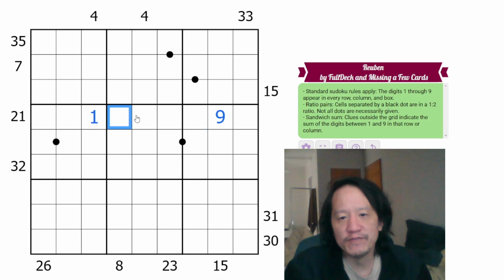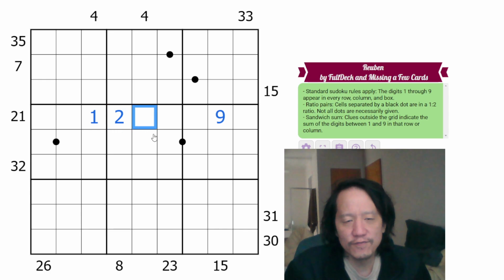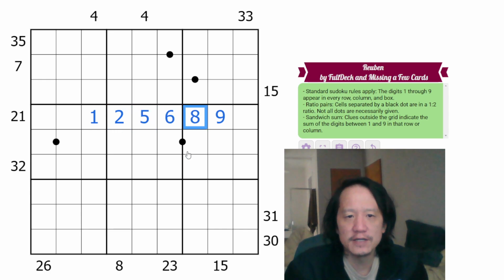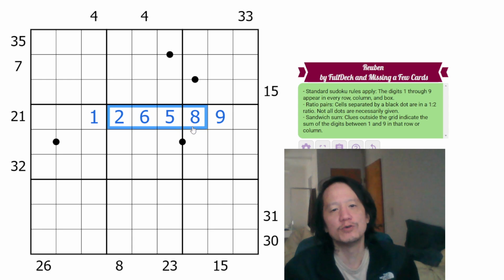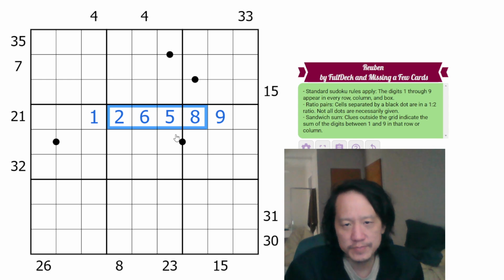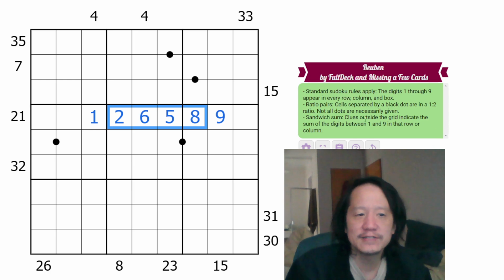An example which would work would be 2, 5, 6, and 8, in any order. 2 and 8 add up to 10, 6 and 5 add up to 11, therefore the full amount between 1 and 9 adds up to 21. And that's how sandwich sum clues work. Those are all the rules.